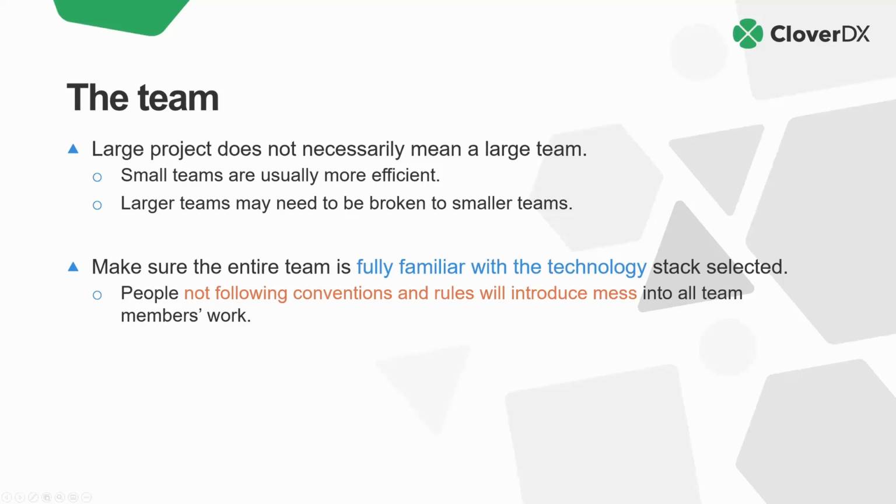Now, you have a team, but you also selected a certain stack of technologies that you will work with, and having the team and having the technology doesn't mean that you will actually be successful with the project. So you should make sure that the entire team, and when I'm speaking about the team, I mean the entire team, is fully familiar with the technology.